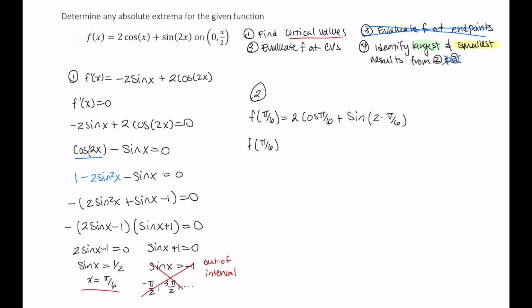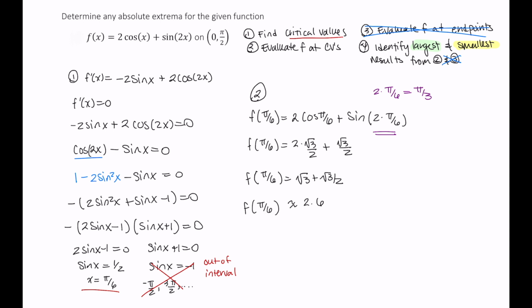Well, cosine of pi over 6 is root 3 over 2, so this is 2 times root 3 over 2, plus sine of pi over 3, since I think it's easy to see here that 2 times pi over 6 is equal to pi over 3, and sine of pi over 3 is also root 3 over 2. So f of pi over 6 is equal to root 3 plus root 3 over 2, and what does that work out to be? About 2.6 on a calculator.